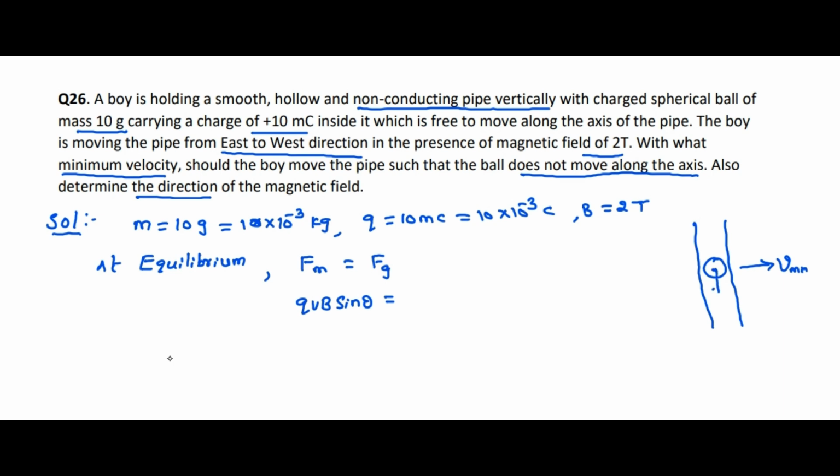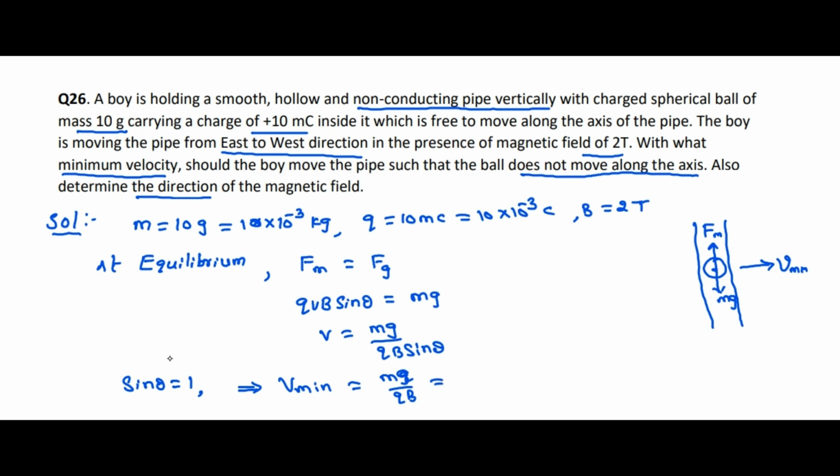Here the weight is acting in the downward direction and the magnetic force is acting in the upward direction. So from this, V equals mg divided by QB sin theta. For V minimum, sin theta should be equal to 1, that is, theta should be 90 degrees. So V is mg divided by QB.